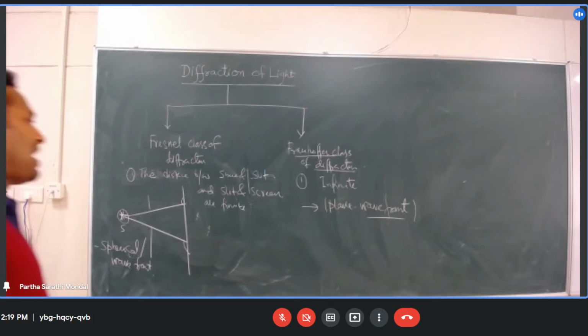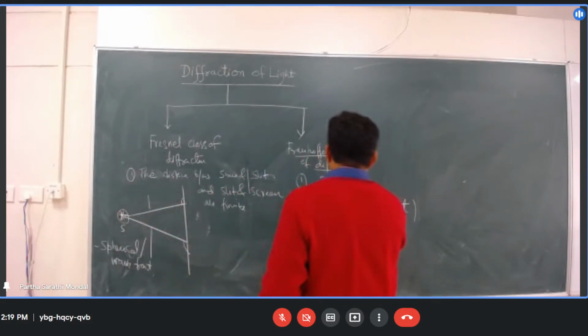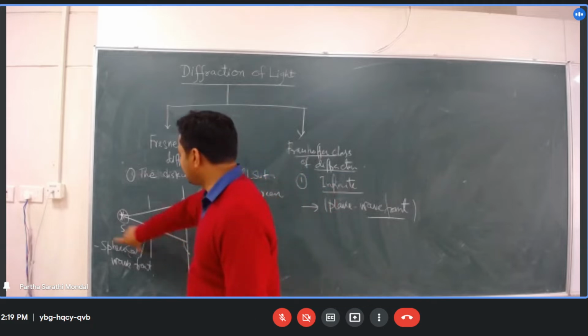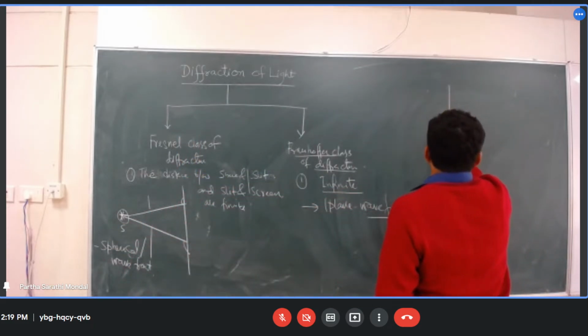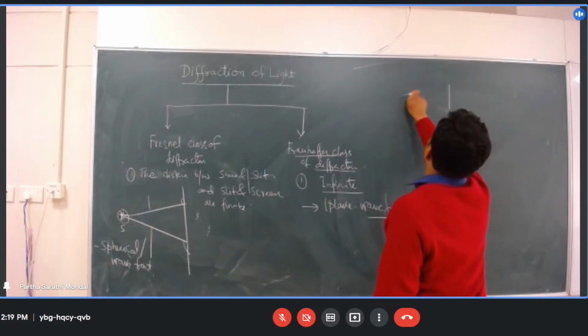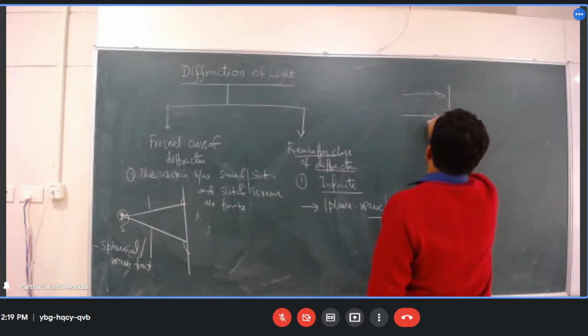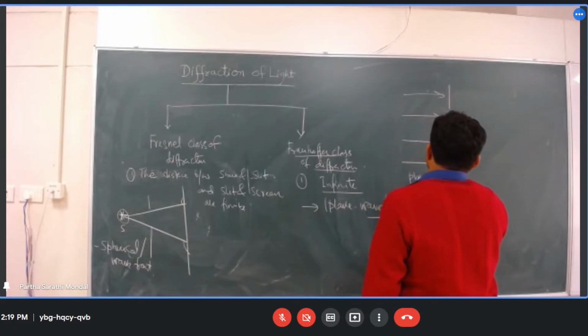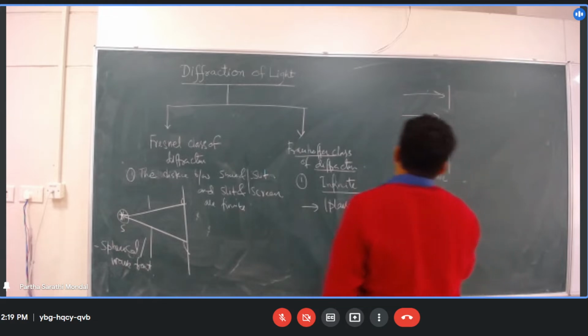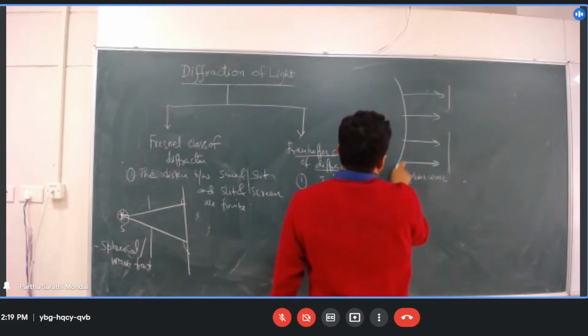Now, how can you physically make these two distances infinite? Suppose you have a slit here, you need to illuminate this slit by a plane wave. How can you produce a plane wave? It's very simple.